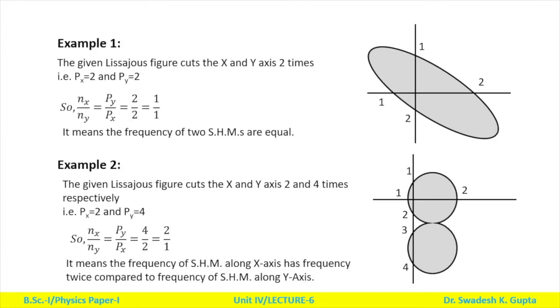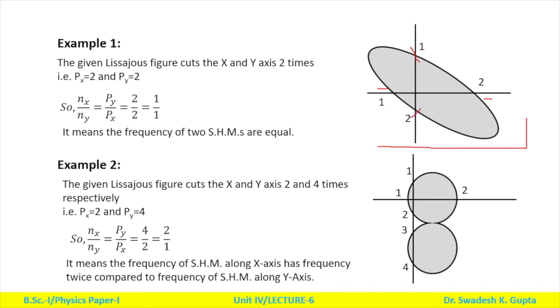Now coming to the example. So here a Lissajous figure is given, and now we have to draw two lines, x and y axis. If you see here, on the x-axis it has two intersects, 1 and 2, and on the y-axis also it has two intersects, here and here.